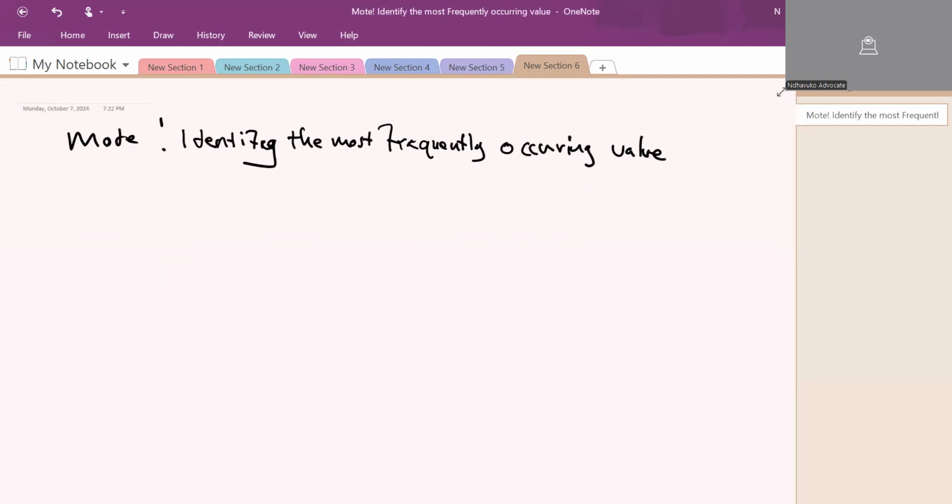So you must know this information before I give you an example. Data can be unimodal, which means one mode.